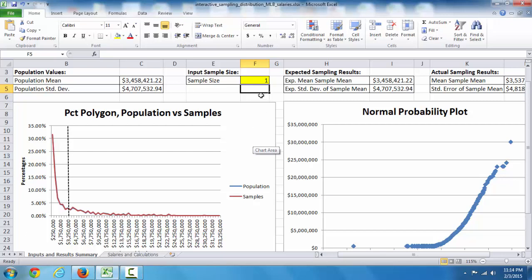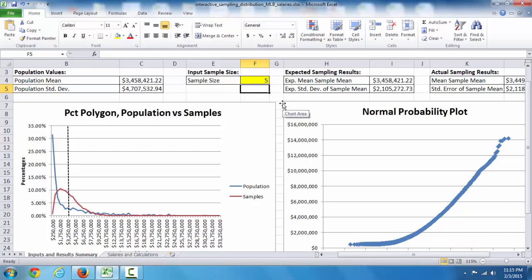So if I change this number to 5, what I'm doing is the spreadsheet is randomly pulling 10,000 samples of 5 Major League Baseball player salaries each. For each of those 10,000 samples, it's calculating the sample mean, and then it's plotting the distribution of those 10,000 sample means in this red line here, and comparing it to the distribution of the underlying population, the blue line.